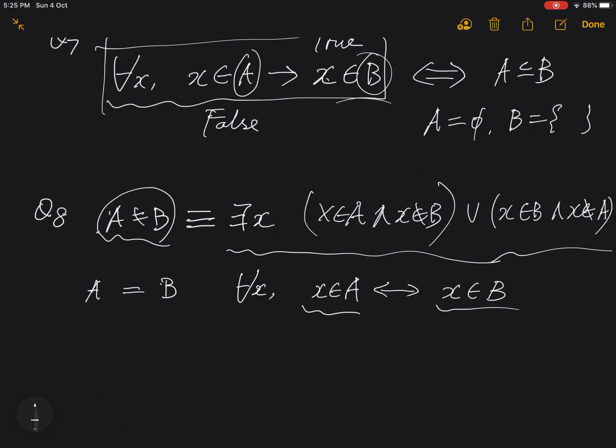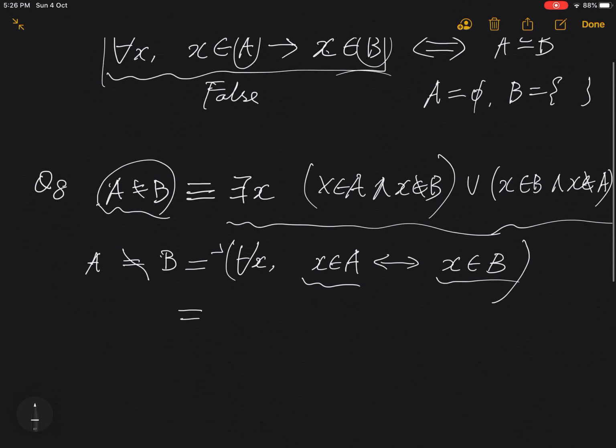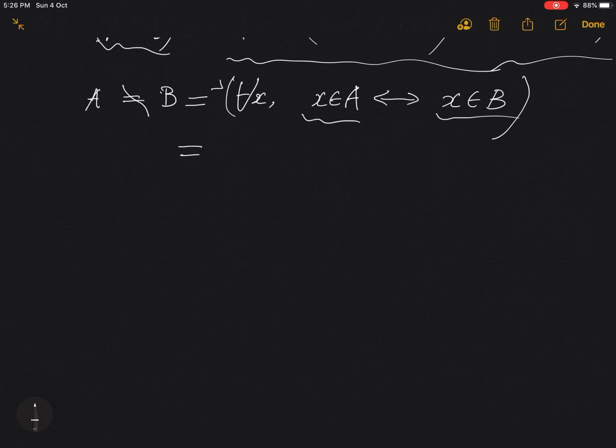So how about we just take a negation here? Firstly, for the quantifier, we take a negation, we will have an exists x here, right?